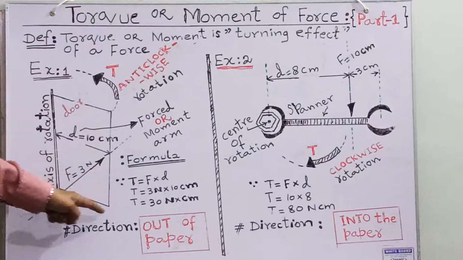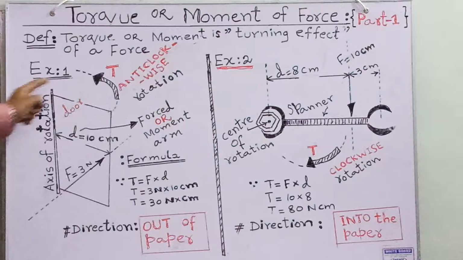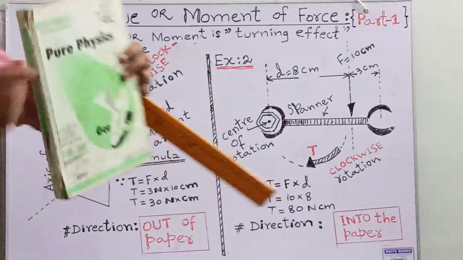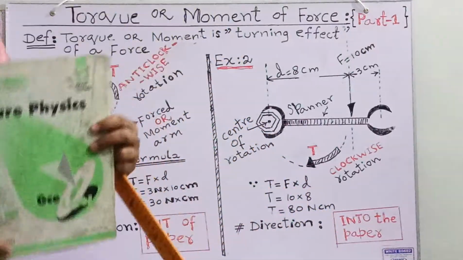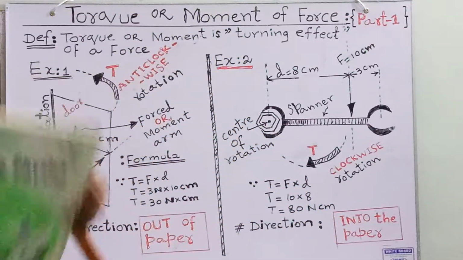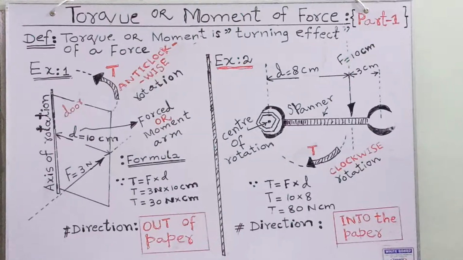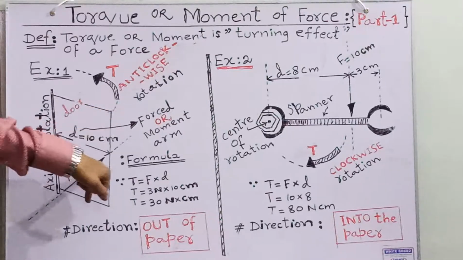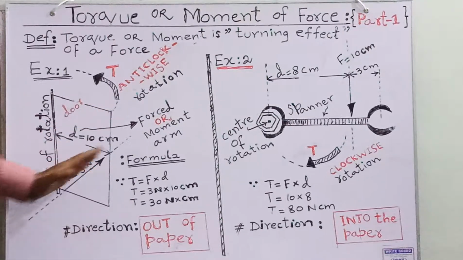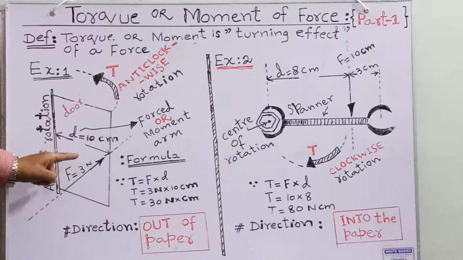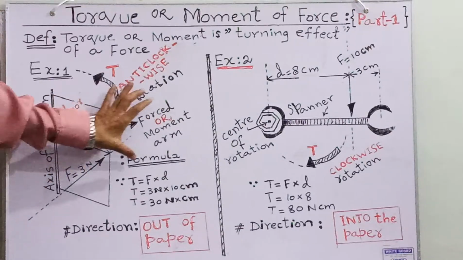Now it is the example of the door. This is the door. This is the axis of rotation. Now suppose I am pushing it. The direction of the arrow shows that the force is inward, so I want to shut this door.